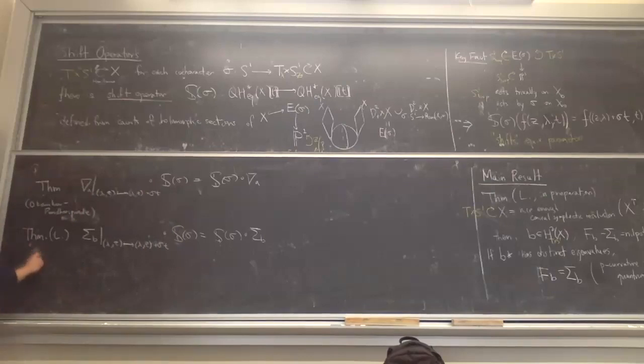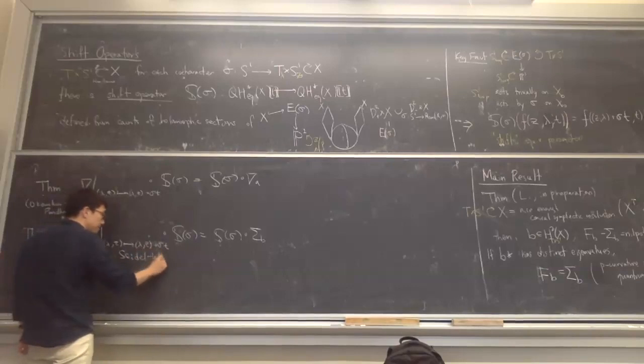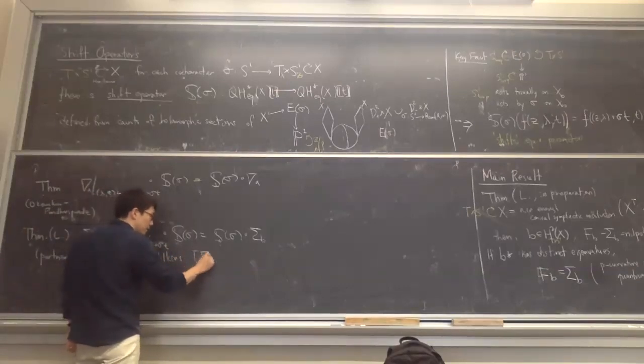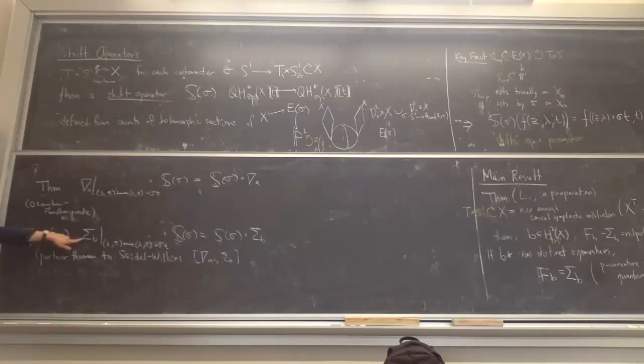So in that sense, it's kind of a partner theorem to Seidel and Wilkins, which says that the quantum Steenrod operations commute with the quantum connection. So this is proved by a familiar argument in symplectic geometry that uses some kind of degeneration of holomorphic curves. So the proof is relatively standard, but what's more interesting is the implications of a relation like this.